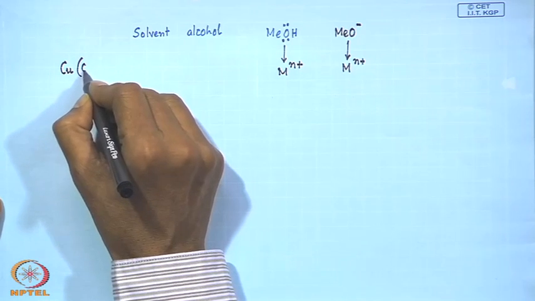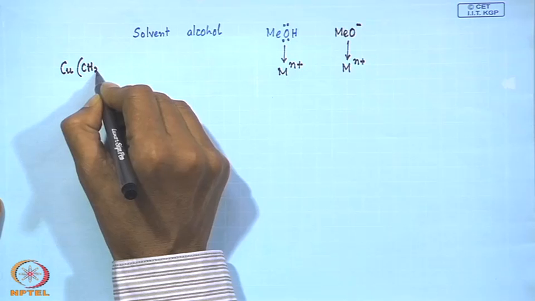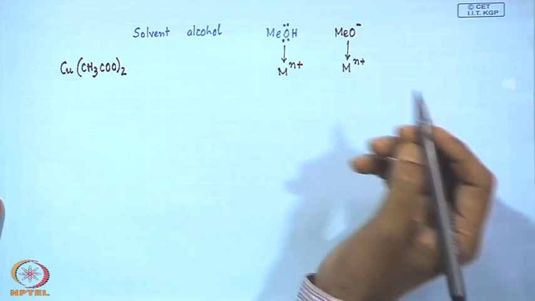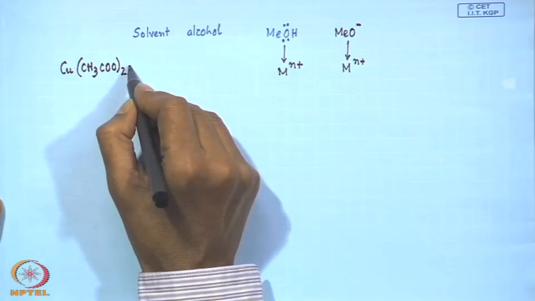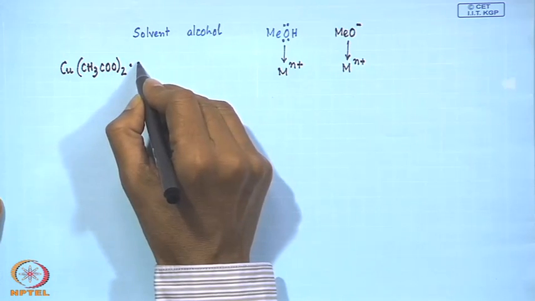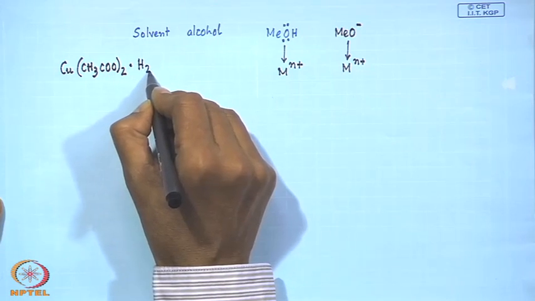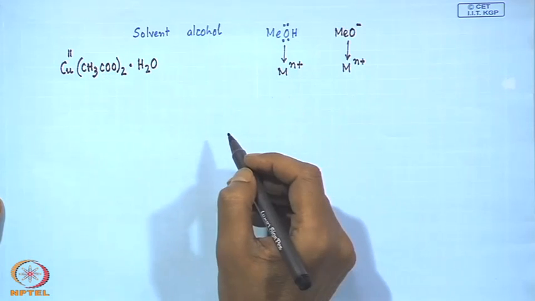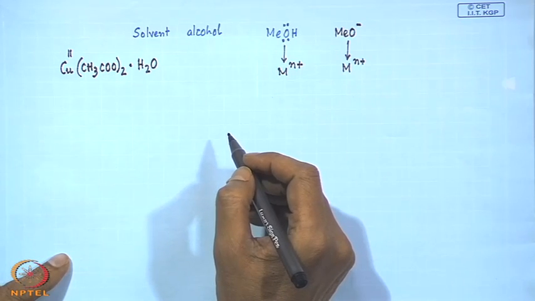So, copper acetate, containing 2 acetate anions and 1 water of crystallization, in the bivalent oxidation state.